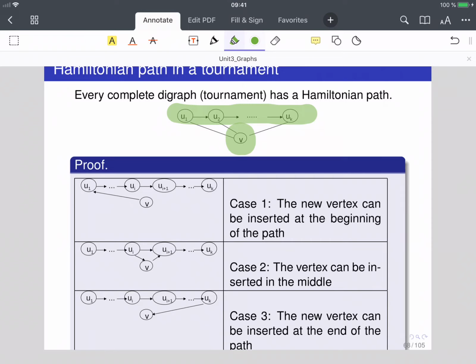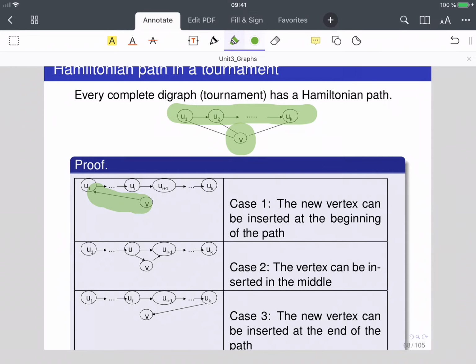Okay? So in this situation, we try first to insert the vertex at the beginning. If we have an arrow from V to U1, the first vertex in the path, then we insert it there.